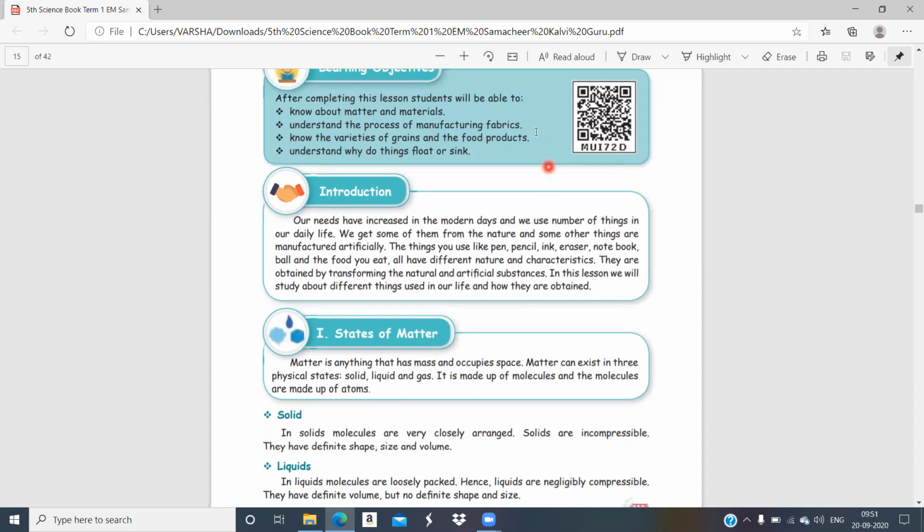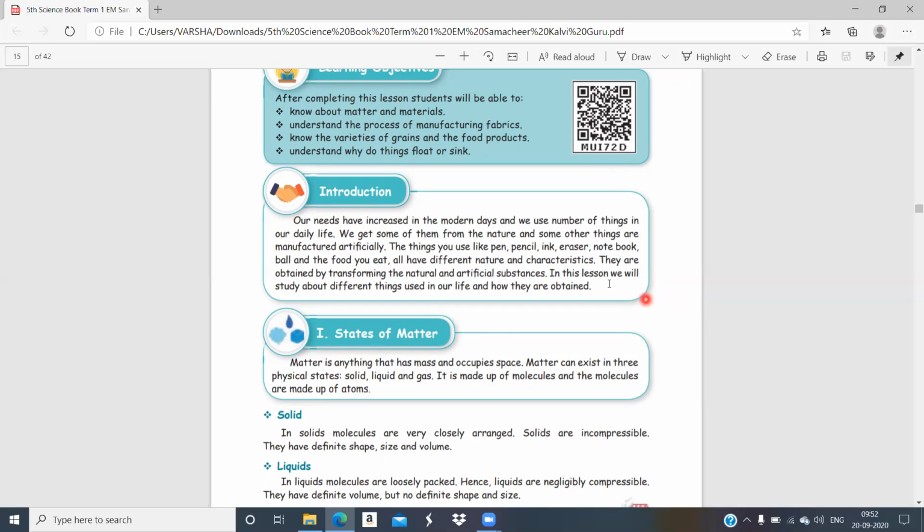Our needs have increased in the modern day, and we use a number of things in our daily life. Friends, we use a number of objects in the modern age, and some of these things we get from nature and some are manufactured by us.